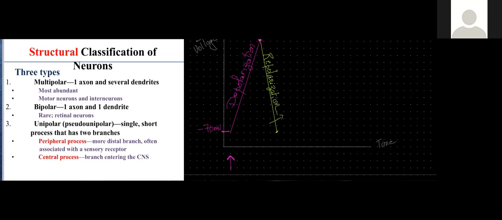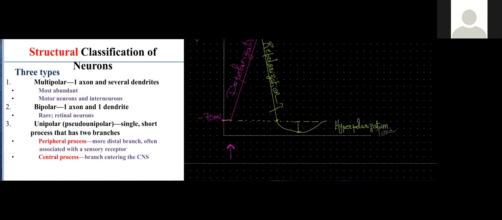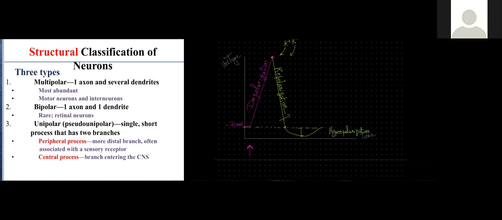Remember, if you kept moving more potassium outside of the cell beyond the resting membrane potential, this will create a state of exaggerated polarity. We call this phase my hyperpolarization phase. And remember, why do I have hyperpolarization? Because I will be moving more potassium out through the potassium channels, which are slow to close.